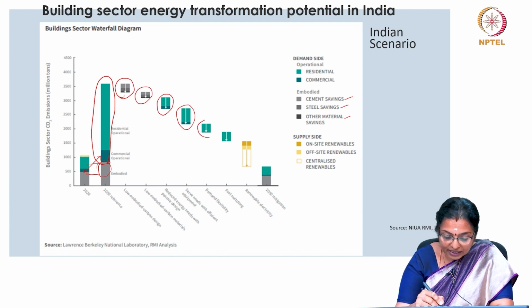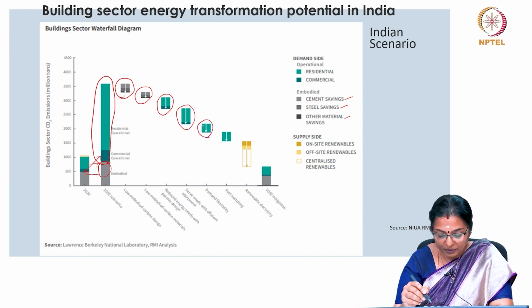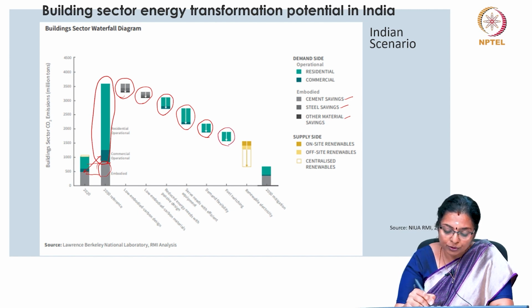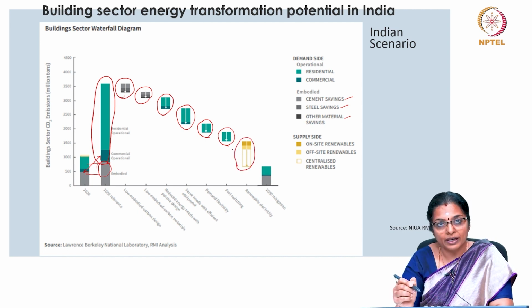Demand flexibility can bring down operational carbon. Switching to greener sources of fuel is another way, and falling back on renewable electricity will also bring down our energy demands and operational energy demand, and hence operational carbon emissions.